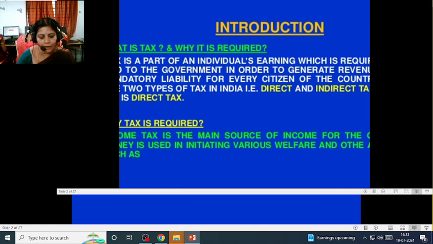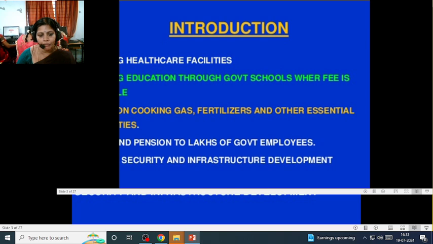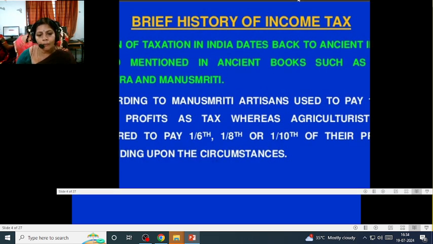As far as every government and every country is concerned, tax is the main source of income for the country, because it is used in initiating various welfare and other activities for the development of the country, such as healthcare facilities, promoting education through government schools where fees are very low, providing subsidies on cooking gas, fertilizers and other essentials, providing pension to lakhs of government employees, and security infrastructure development.